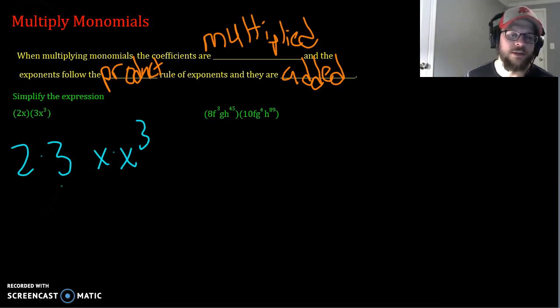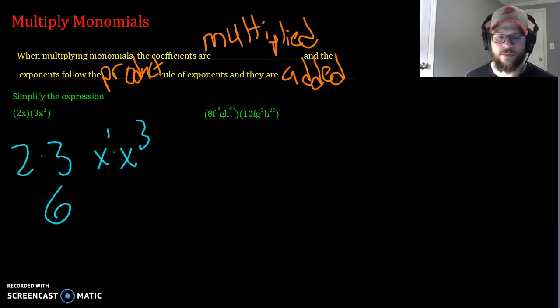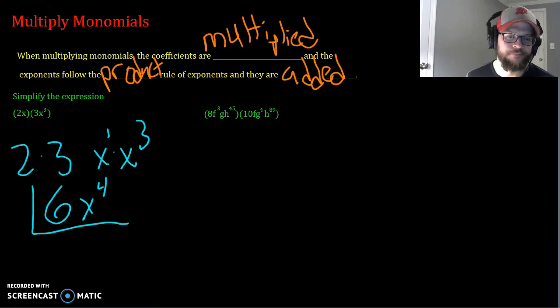So the 2 times 3 gives us 6, and x times x to the third, there is an invisible exponent here that is a 1. This follows the product rule in which you add your exponents together. X to the 1 times x to the 3 is x to the 1 plus 3, which is 4. And that is simplified as much as it possibly could be.